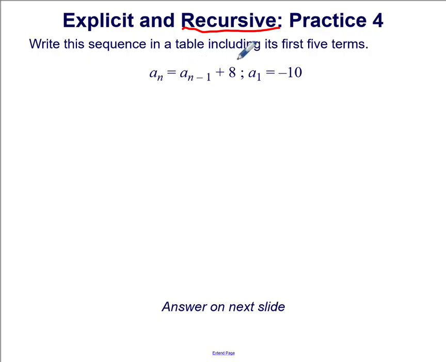Here we're specifying that the common difference is 8. We also tell you the first term in the sequence is negative 10. There's 2 specific requirements. You want to write the sequence in a table, and you want to find the first 5 terms. So pause the video, find the first 5 terms of the sequence using this recursive formula, and when you have the answers, resume watching the video to compare your answers.